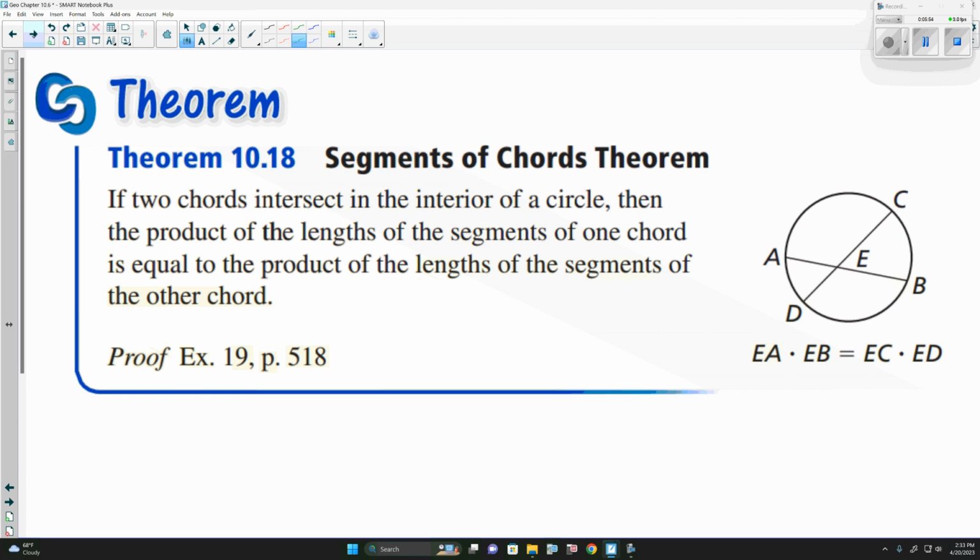Now, if two chords intersect in the interior of a circle, then the product of the lengths of the segments of one chord is equal to the product of the lengths of the segments of the other chord.